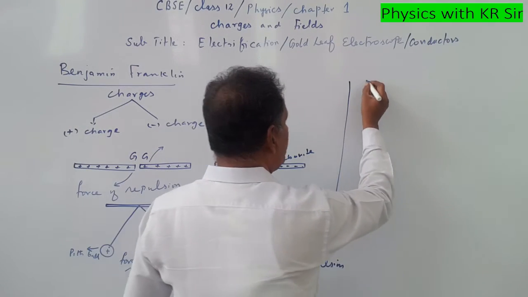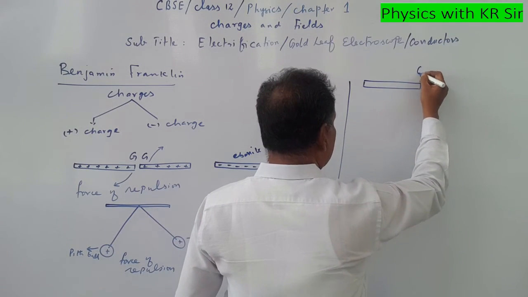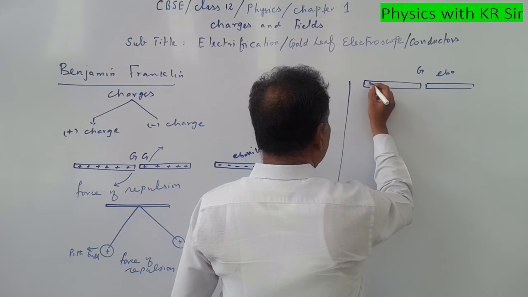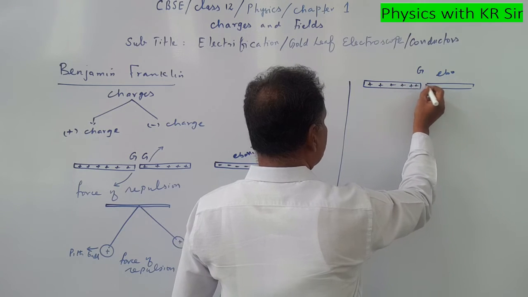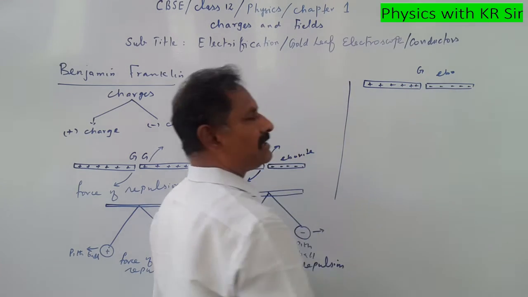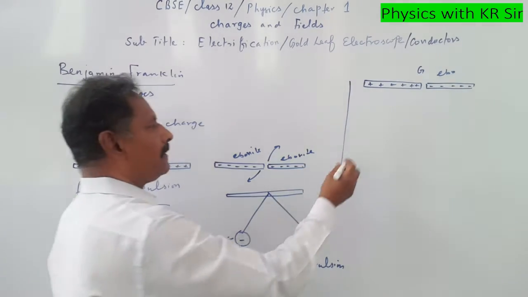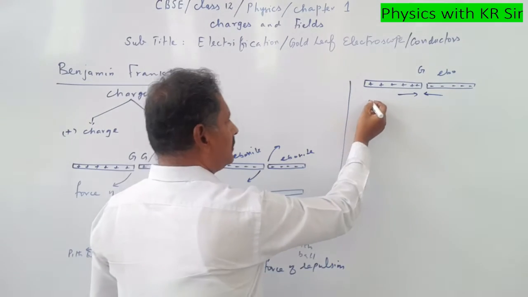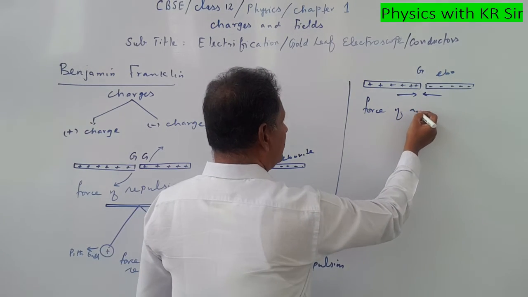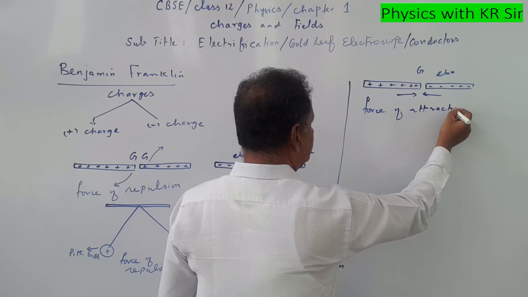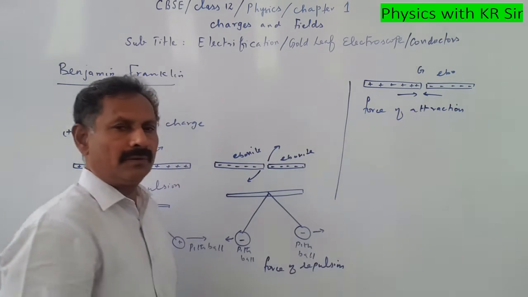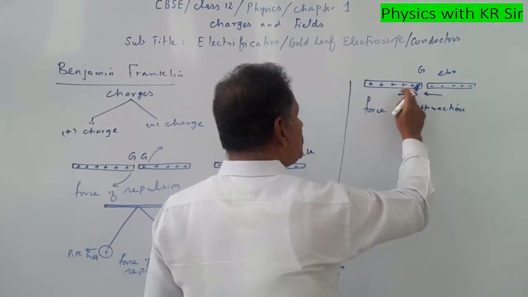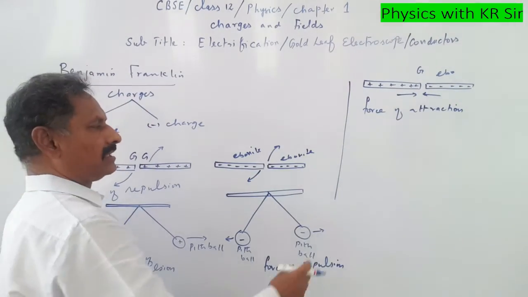The next example, let us consider a glass rod and an ebonite rod. Glass rod is positively charged, ebonite rod is negatively charged. So there is force of attraction between the two. So Benjamin Franklin proved that opposite charges attract each other.